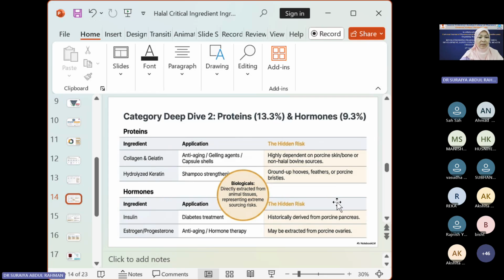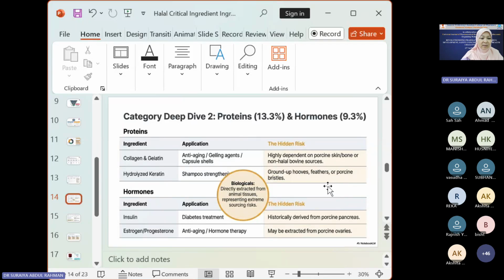The next category is proteins and hormones. Looking further at their functions, collagen and gelatin are commonly used as anti-aging agents and gelling agents, or as capsule shells in pharma. They are highly critical because gelatin is mostly sourced from porcine skin or bone, or from non-halal bovine sources. Hydrolyzed keratin, usually used in shampoo, is sourced from feathers or porcine bristles.